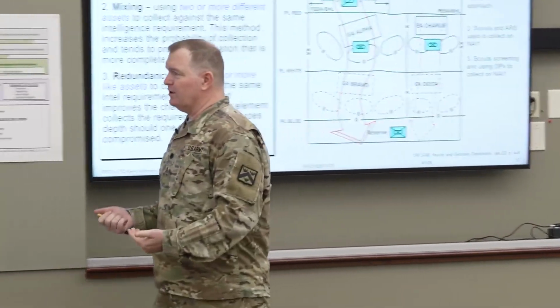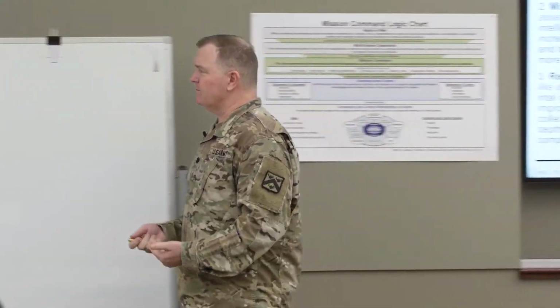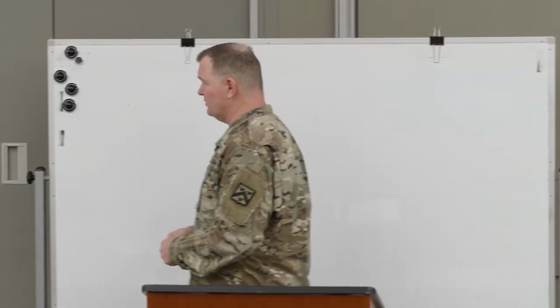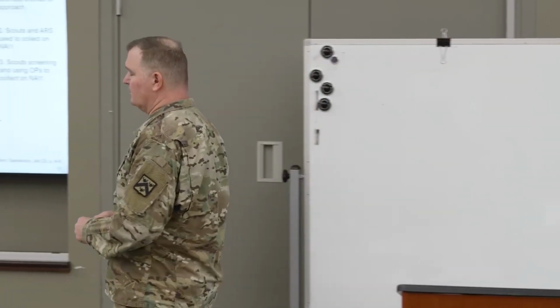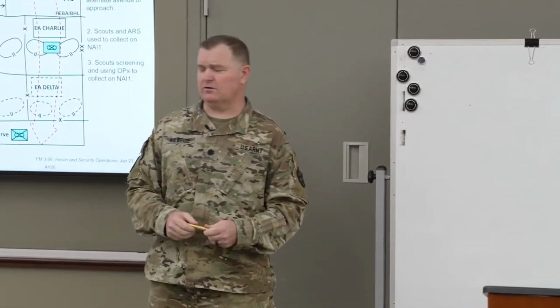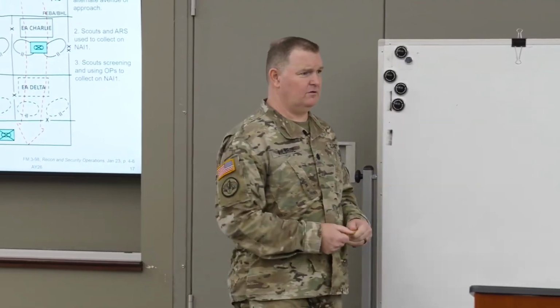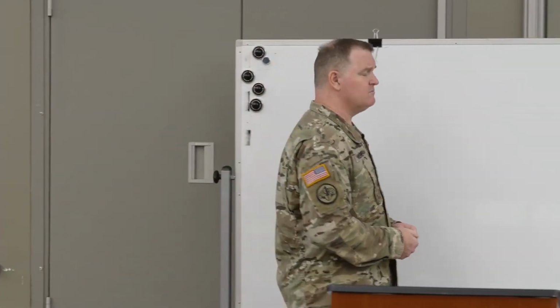So what's the next one here? We got some NAIs. Those are? Okay, what do I use those for? Focus to answer reactions for information collection. All right, so it's the focus of reconnaissance, right? So I have some prediction of the future.